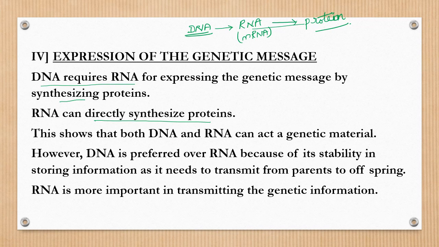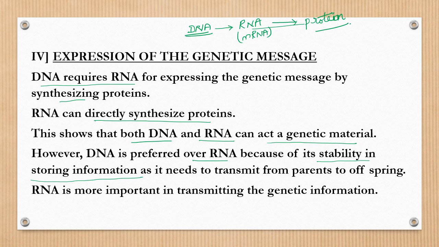This shows that both DNA and RNA can act as genetic material. However, DNA is preferred over RNA. DNA is most preferred as a genetic material over RNA because of its stability in storing information.